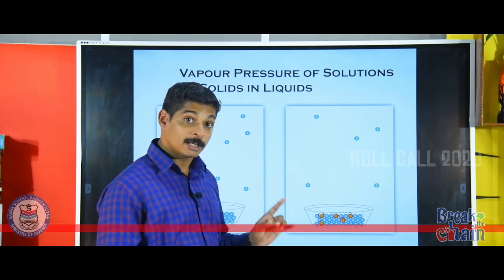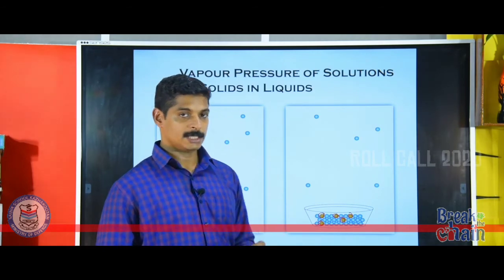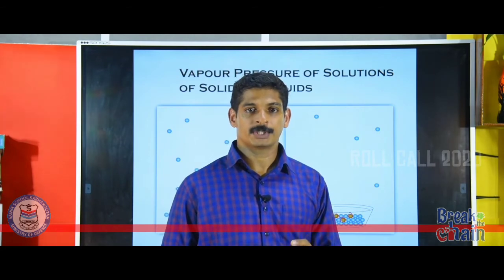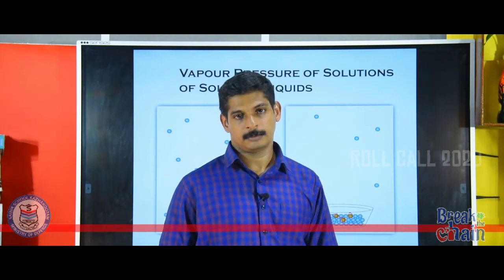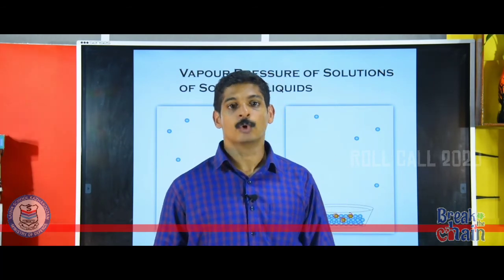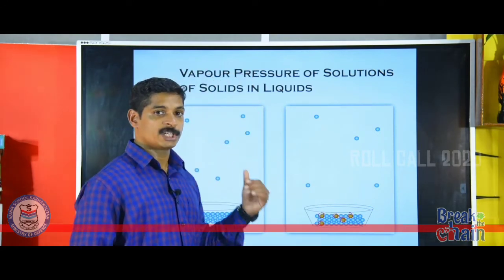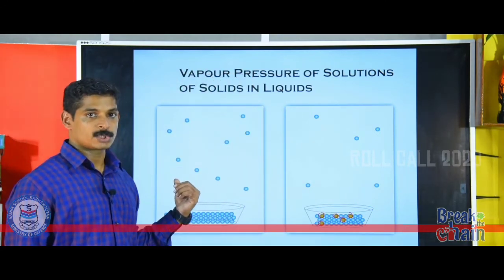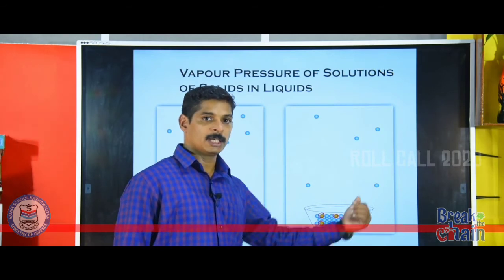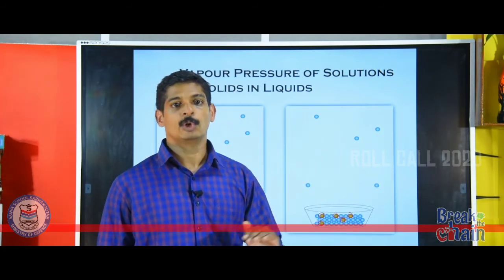But if you look at its magnitude, you can see that its vapor pressure is lowered. When compared to the pure liquid, once you make it into a solution, its vapor pressure will be lowered.